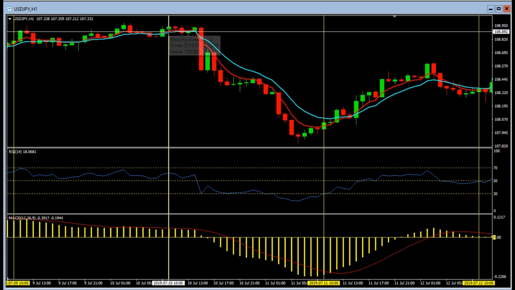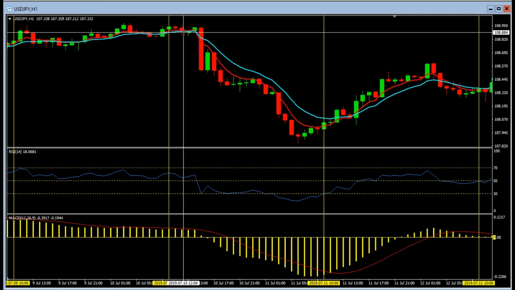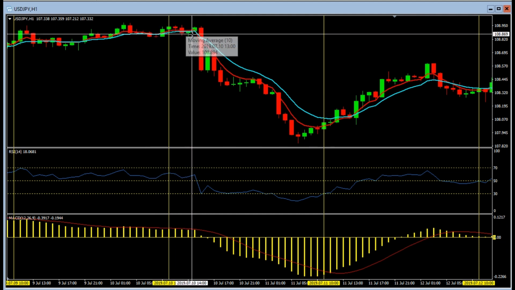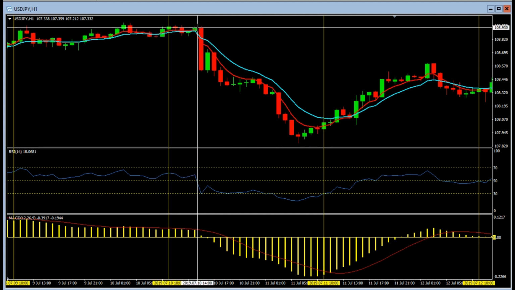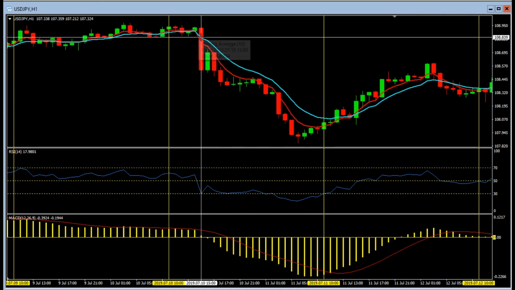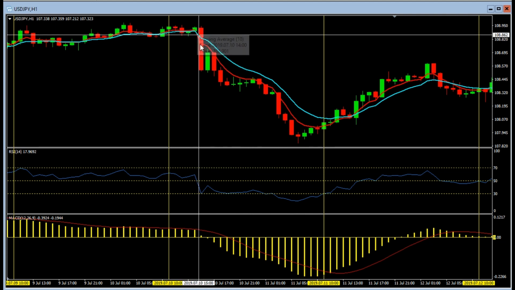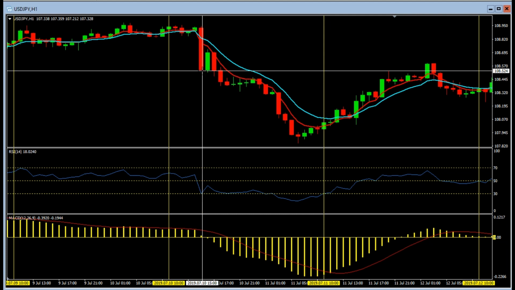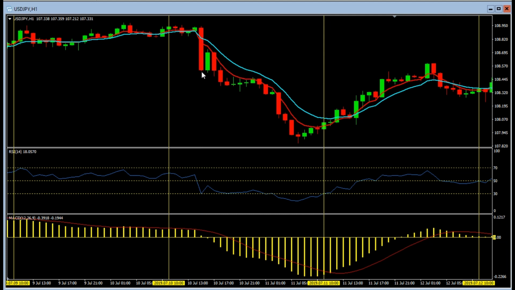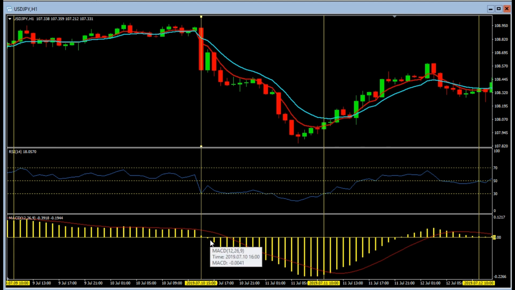We look here, the market is doing nothing, it's just consolidating, and then on this candle, the market came down. I'm going to put the line here, and then look below. The RSI has crossed the 50 level, that's okay, but the MACD hasn't crossed the 0 level.